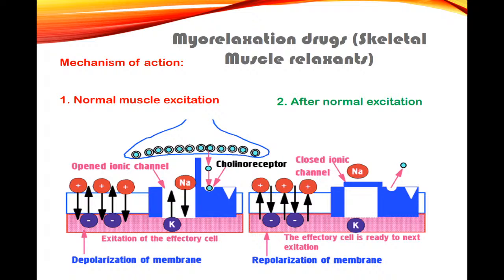So in overdosage, stop of breathing, we introduce cholinesterase inhibitor, which inhibits enzyme cholinesterase that causes accumulation of acetylcholine, increased concentration of acetylcholine in synapse, and stop of action of non-depolarizing myorelaxant, or restoration of contractility of skeletal muscle, and restoration of breathing.